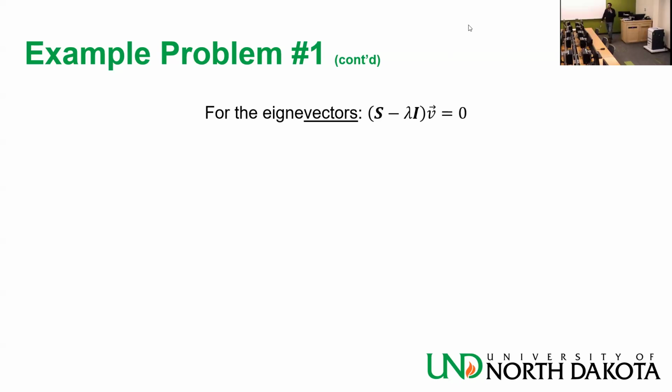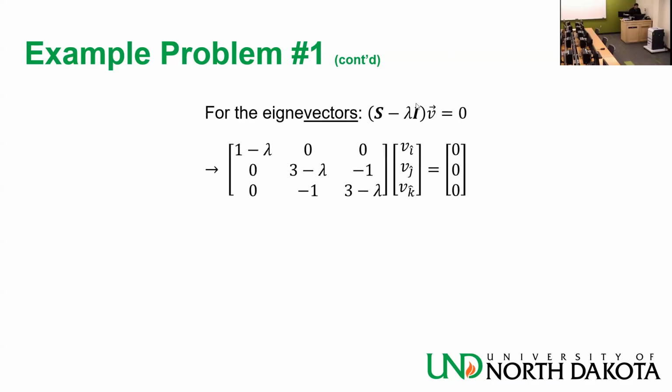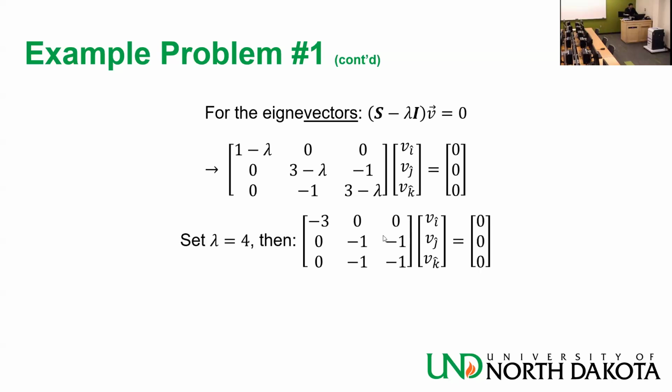So for every lambda, I get a vector that has 3 values. Okay, now I'm getting a little bit more complicated, but it's not going to be too terrible either. I apply that lambda, I get a new matrix, which is S minus lambda I for each lambda, multiplied by the V matrix, Vi, Vj, Vk, the 3 components of the eigenvector, equal to 0.